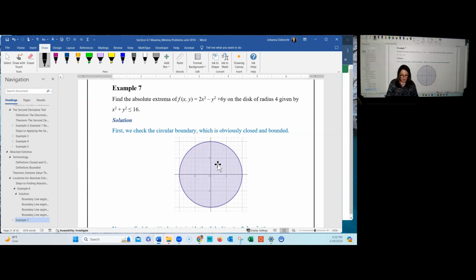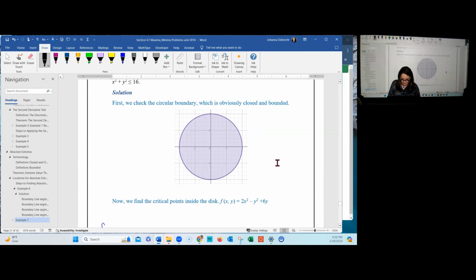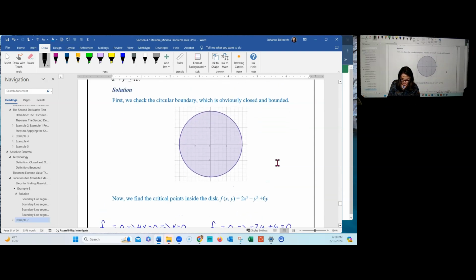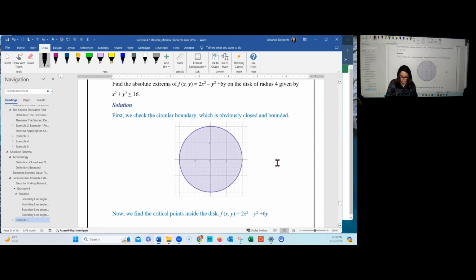Let's go ahead now and take a look at finding the critical points. To find the critical points inside the disk, the first thing you want to do is solve the system where the partial derivative with respect to x and the partial derivative with respect to y are both 0. Go ahead and pause the video now to work that out.